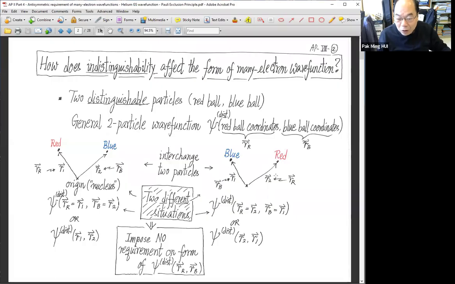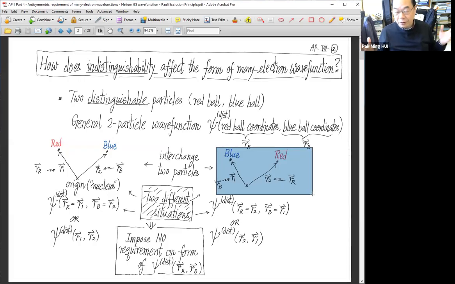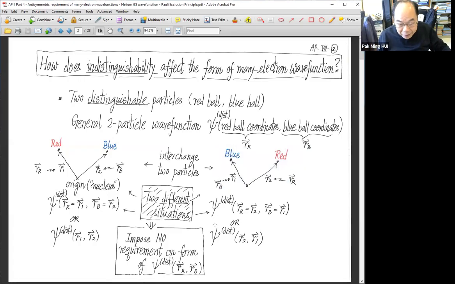So the wave function that this situation refers to will be the distinguishable wave function where the first entry becomes R2, the second entry becomes R1, okay? Now, because they are distinguishable, these two situations are different. And we don't expect any relationship between them because they are different. So we don't expect this has anything to do with this, okay?